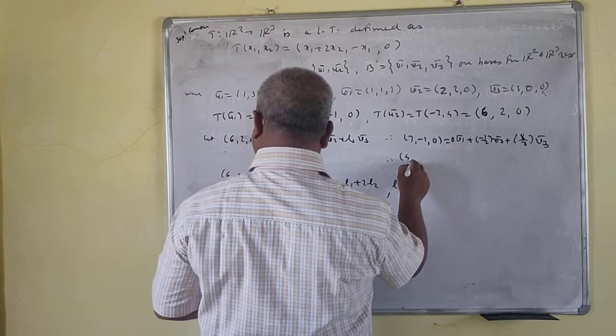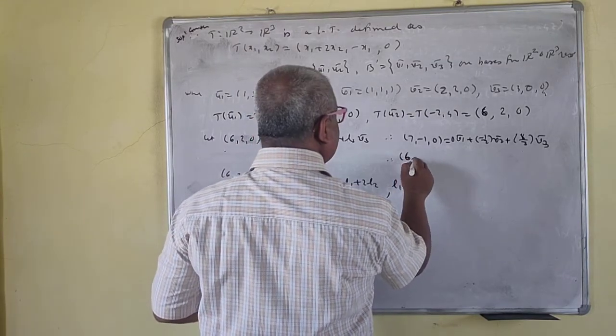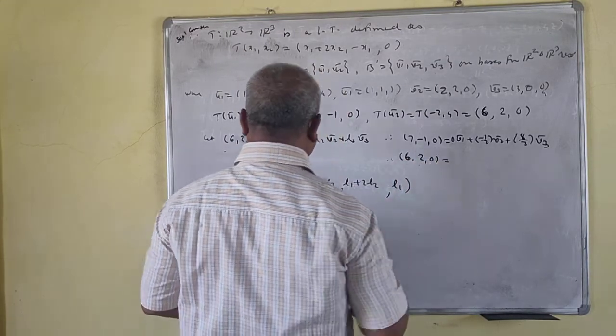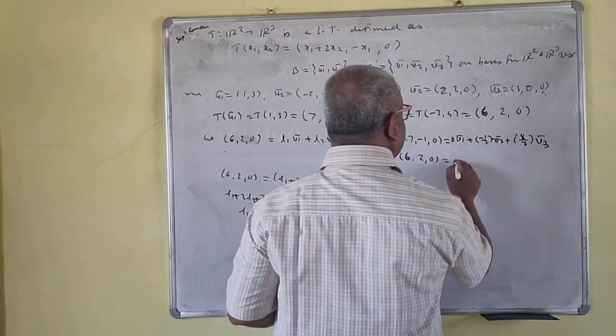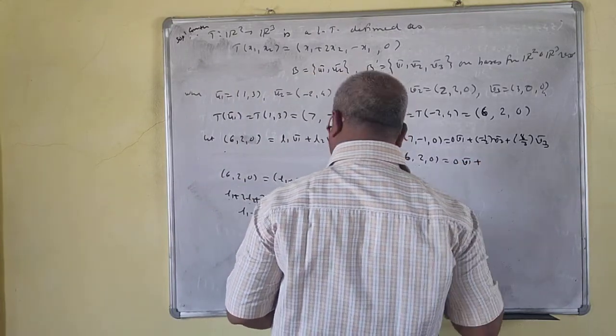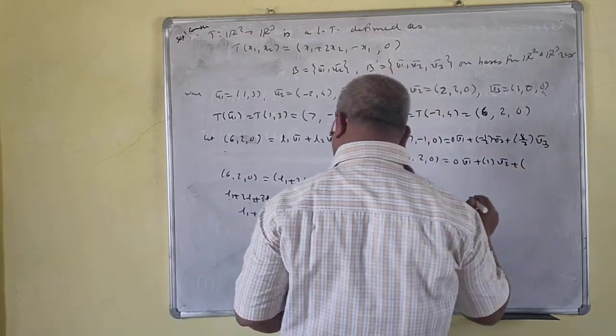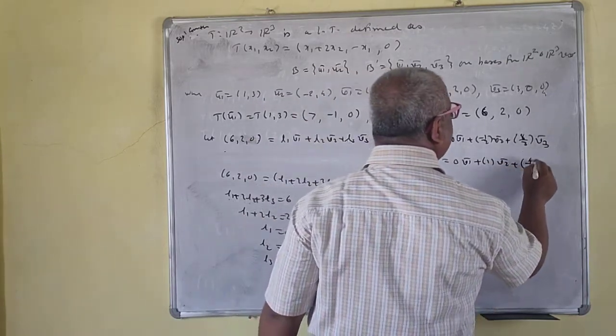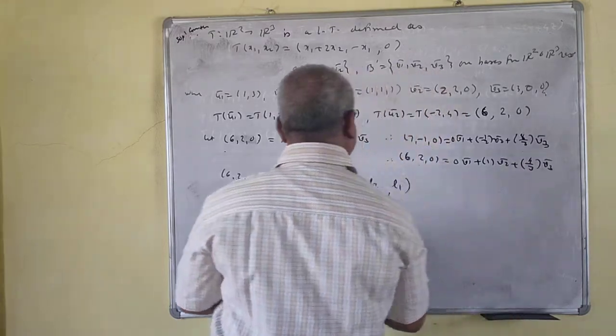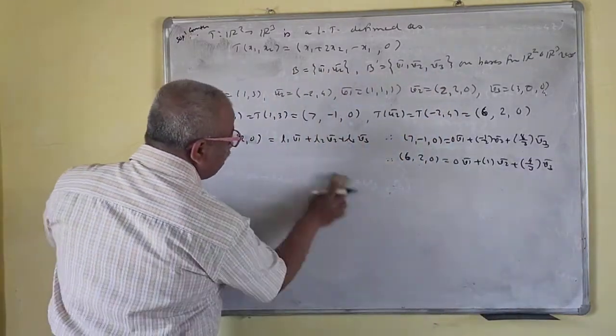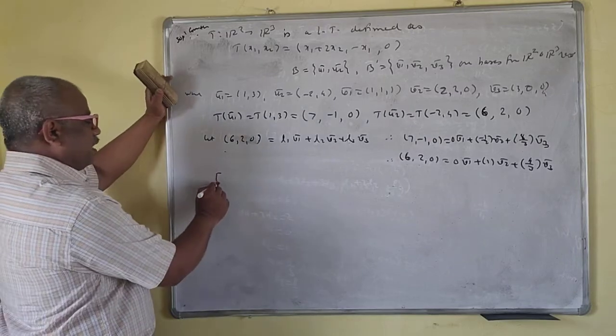Therefore 6 2 0 is equal to, what is your L1? L1 is 0 V1 bar plus, what is your L2? 1 V2 bar plus 4 by 3 V3 bar. Okay. Now we are ready to write the matrix representation of this.